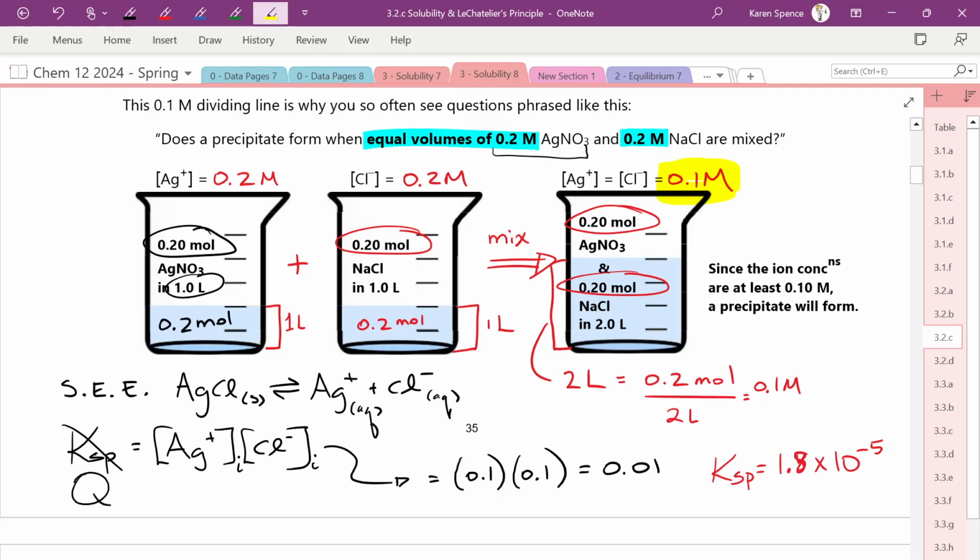What does that tell you about our ion concentrations? Are they too big or too small? Our ion concentrations are too big. And therefore, what will happen?